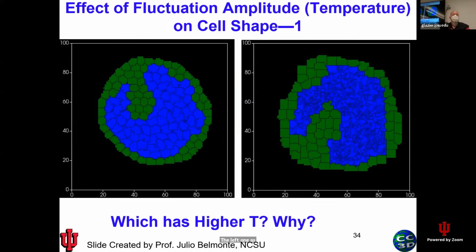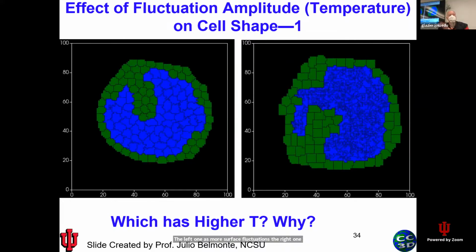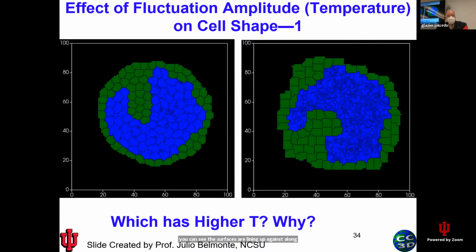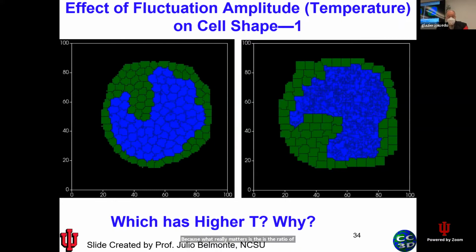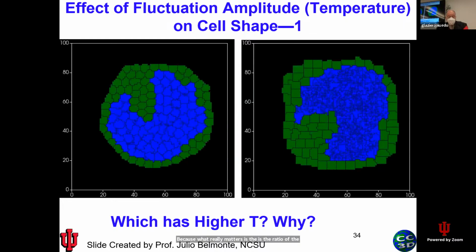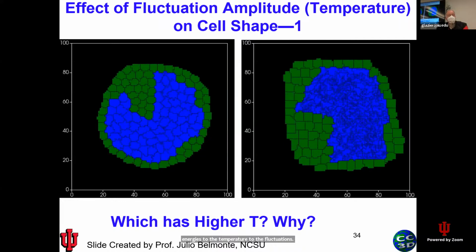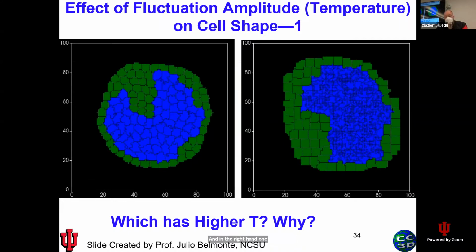The right one, you can see the surfaces are lining up along the lattice, and they're not moving that much. Because what really matters is the ratio of the energies to the temperature, to the fluctuations. And in the right-hand one, I've set things up so that the green cells have very high energies compared to the fluctuations, and the blue cells have low energies relative to the fluctuations.